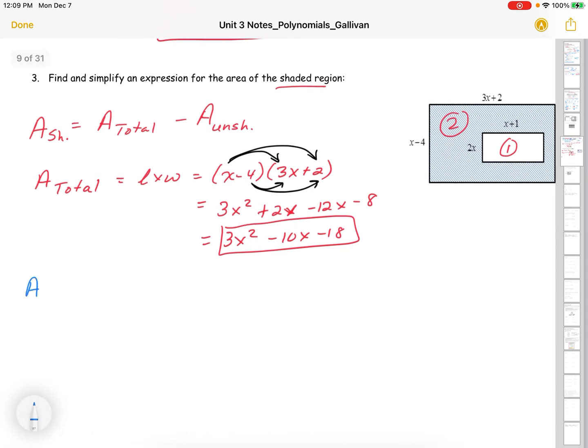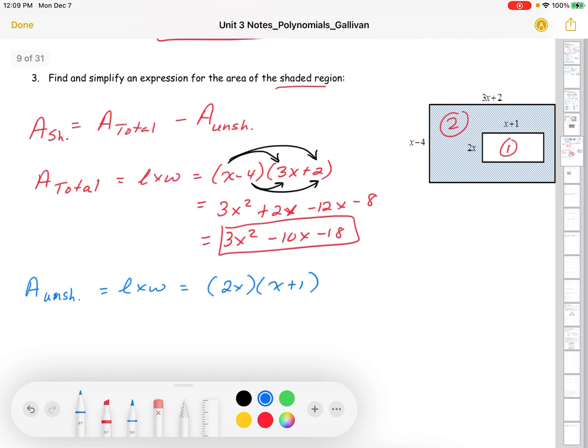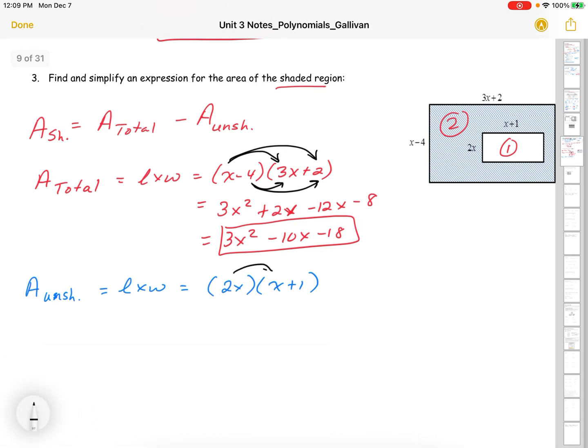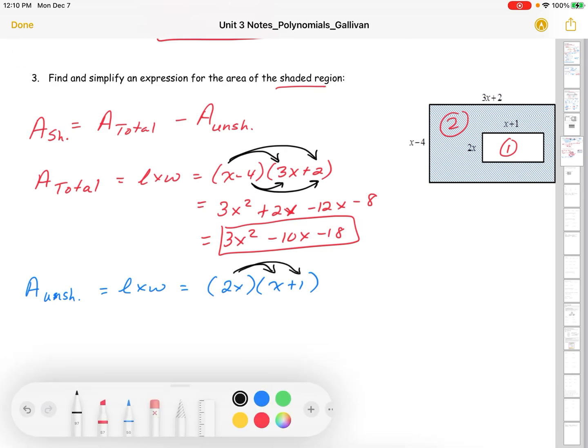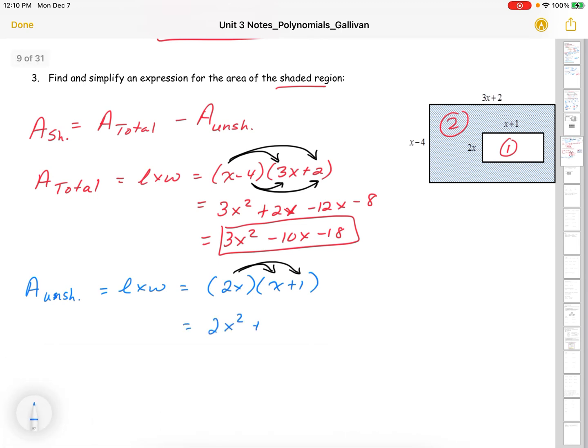Then I'm going to do the area of the unshaded. Unshaded, it's also length times width, and it will be 2x times x plus 1. When we distribute, we get 2x squared plus 2x.